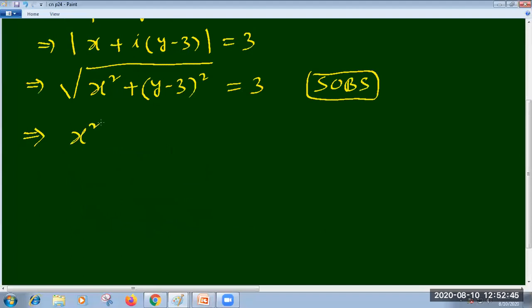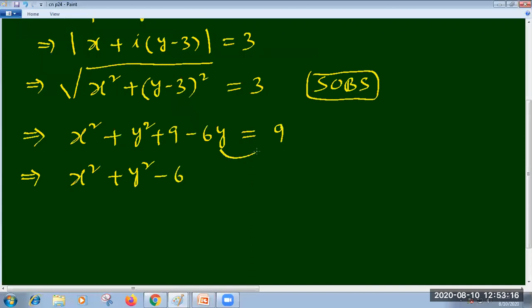Now this can be written x square, and you can simplify it further. (a minus b) whole square is a square plus b square minus 2ab, is equal to 9. So x square plus y square minus 6y, you can bring this to the right side, and 9 to this side.